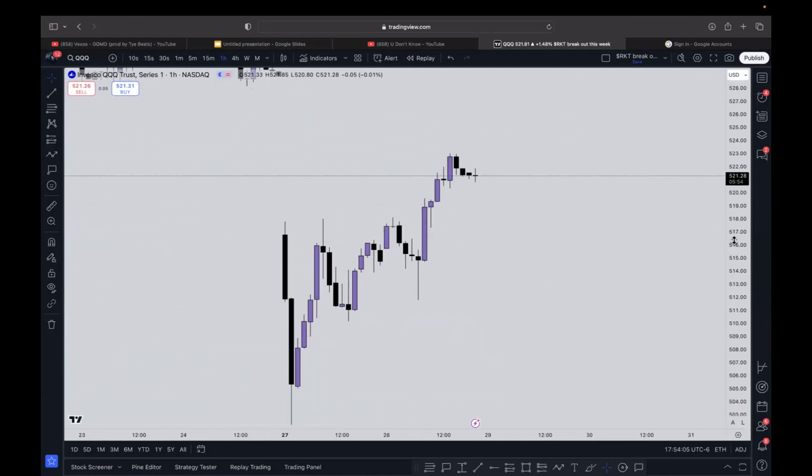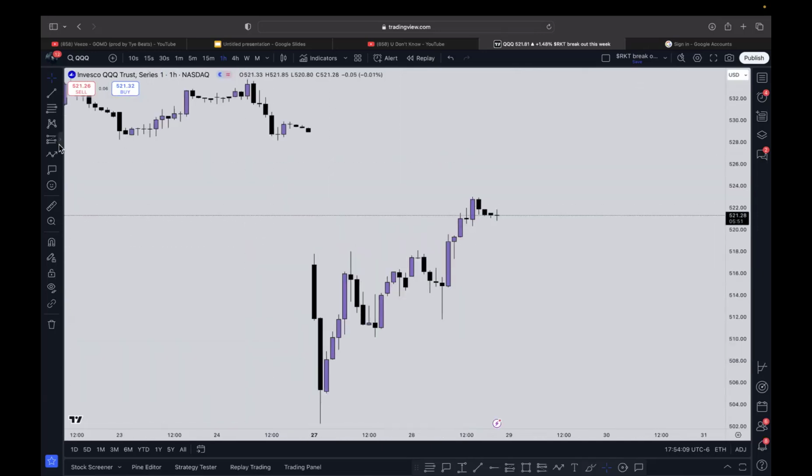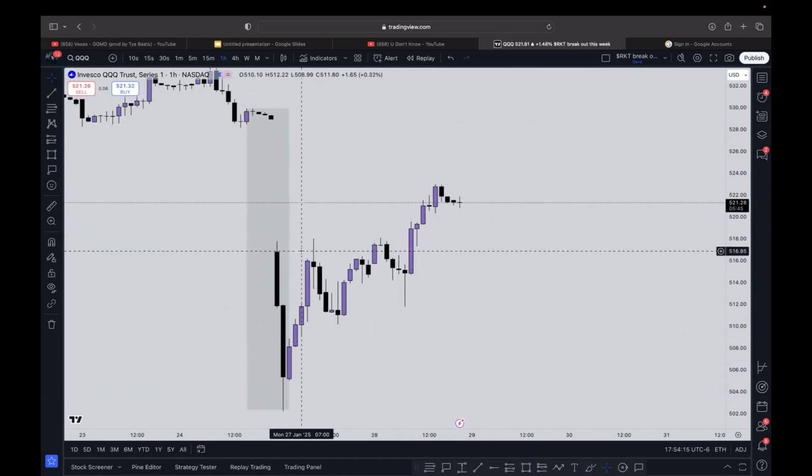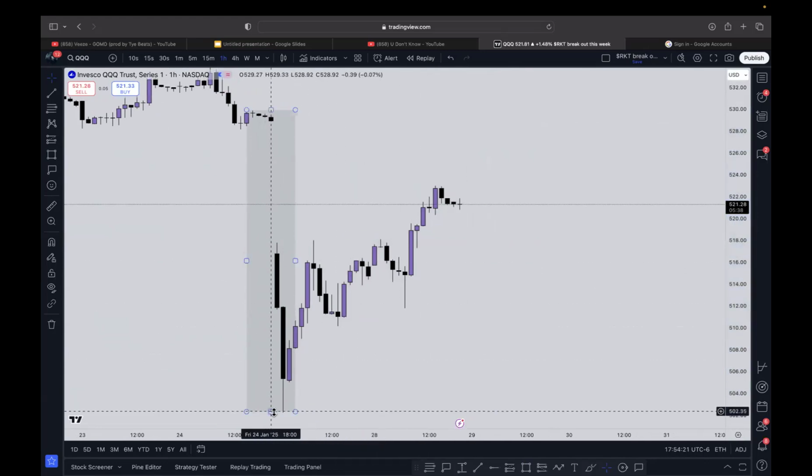All right, so on a 1-hour time frame, you can see we're in this bearish range, just like that. So everything inside is internally bearish, but it's not necessarily the case.